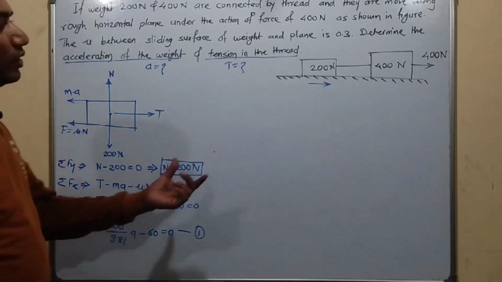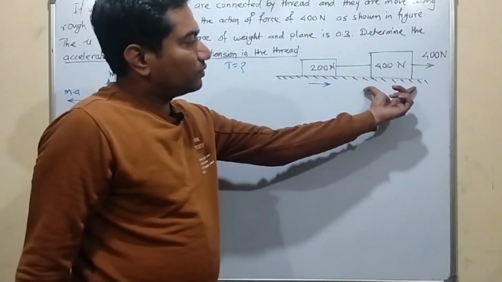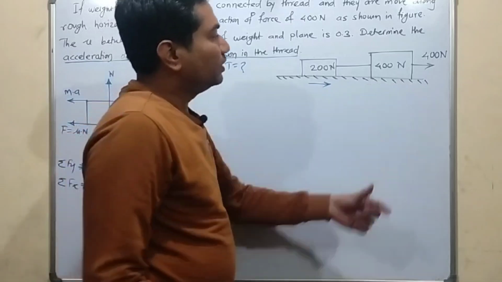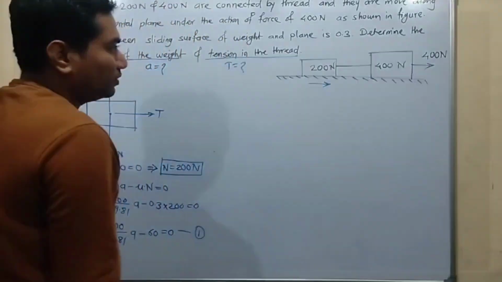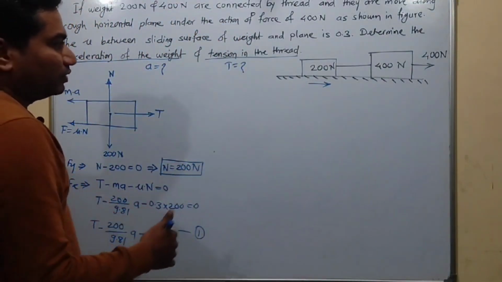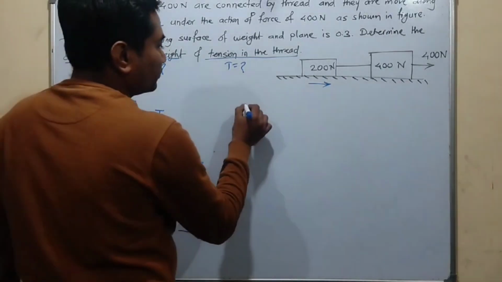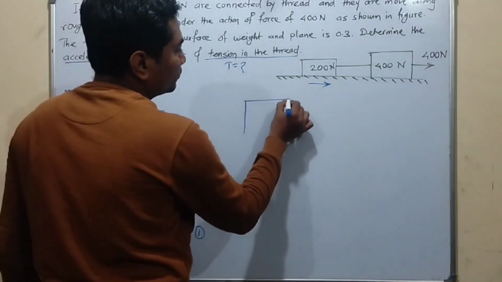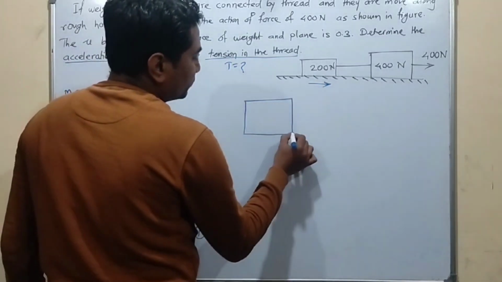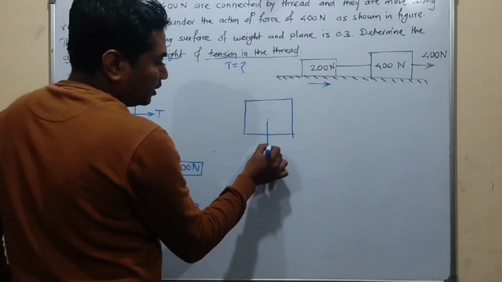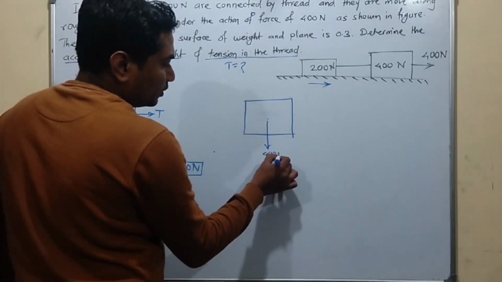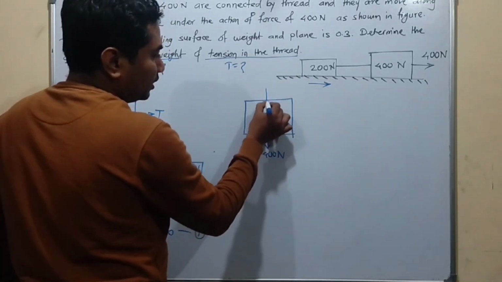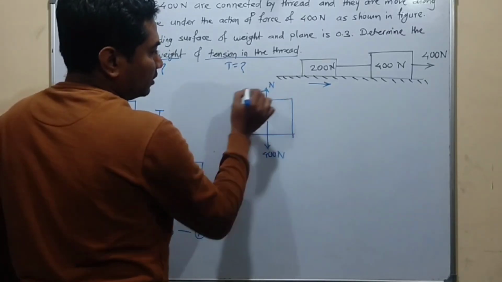So now we have to solve the second block. So we will draw the free body diagram of the second block or second weight, that is 400 Newton. So weight is acting vertically downward, that is 400 Newton. Normal reaction, it is acting vertically upward.